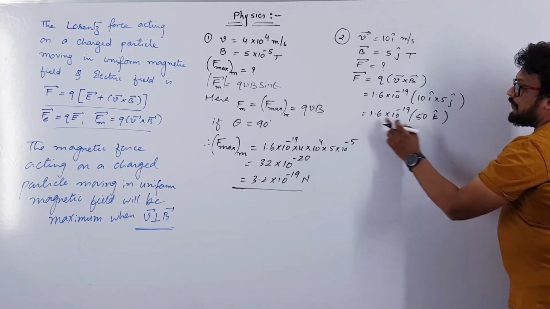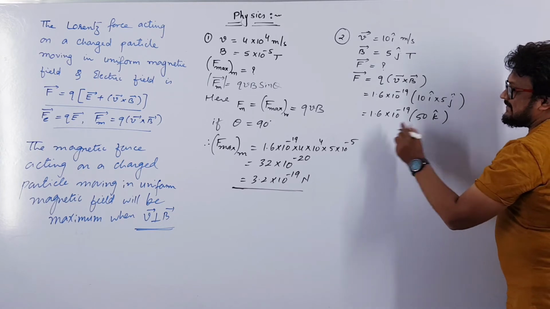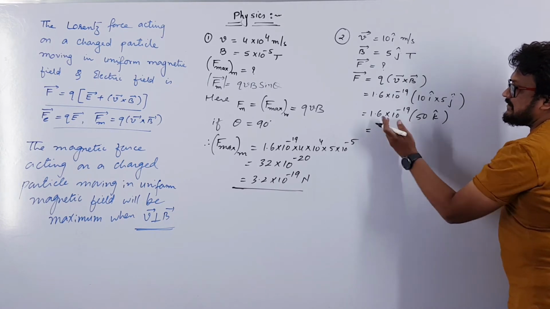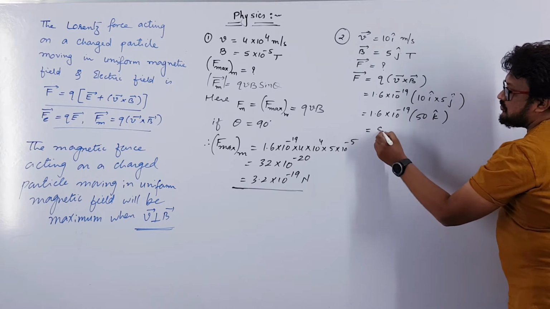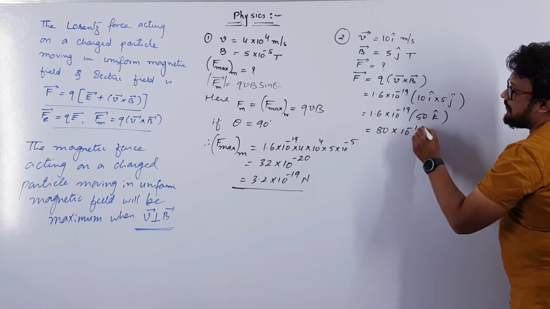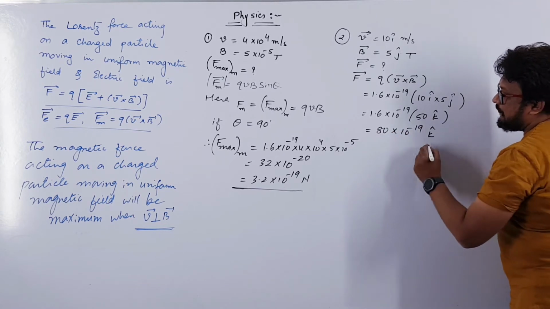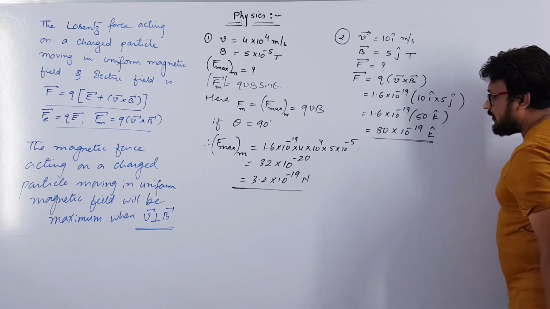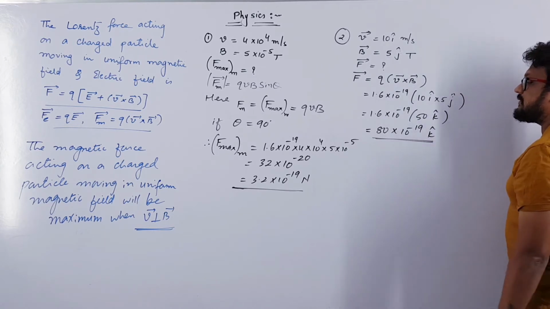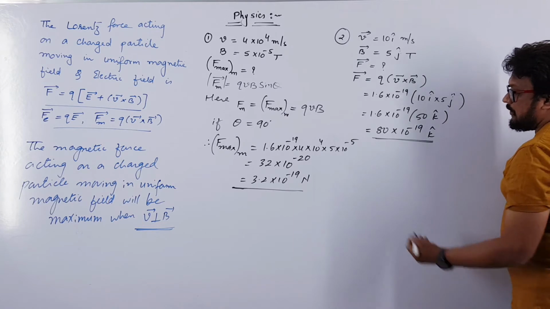Now 16 into 5 is 80, so 80 into 10 to the power minus 19 k cap will be the answer. You have to remember this.